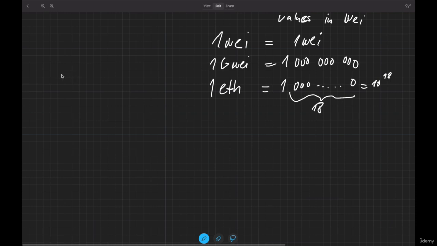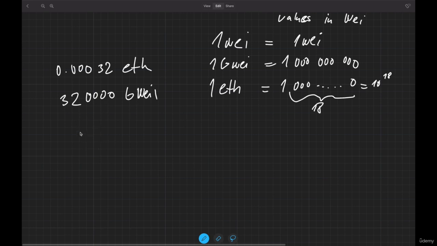For example, a transaction fee can be something like 0.00032 ETH. We don't say the transaction costs 0.00032 ETH, but rather we say they pay 320,000 gwei for a transaction.